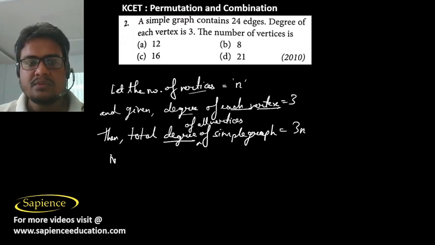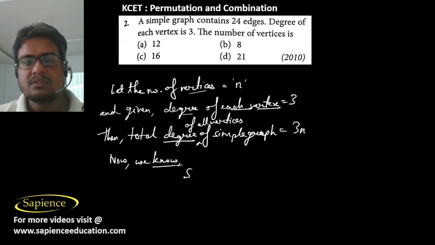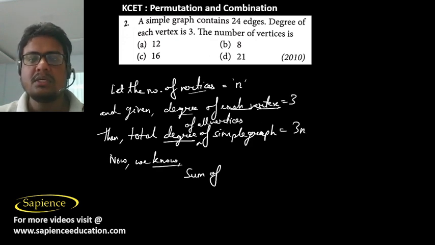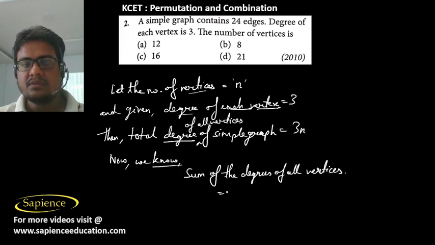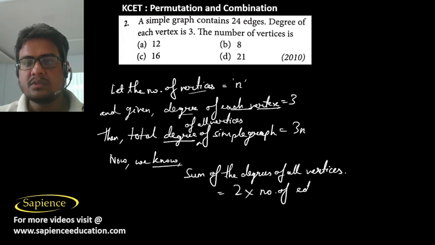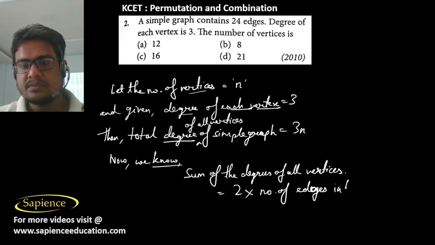Now we know that the sum of the degrees of all the vertices in the simple graph is equal to 2 into the number of edges in the simple graph.